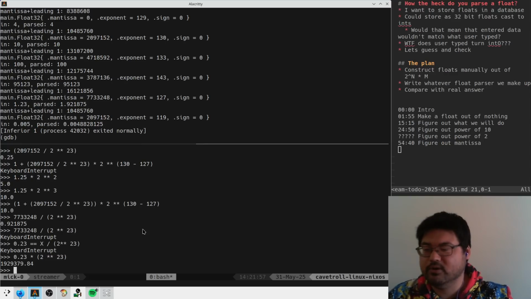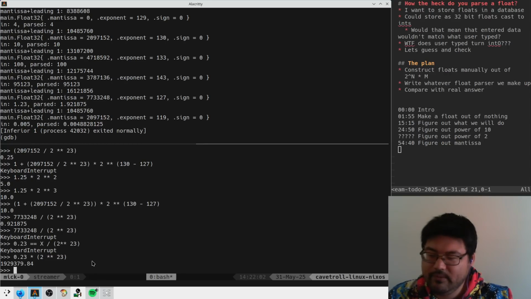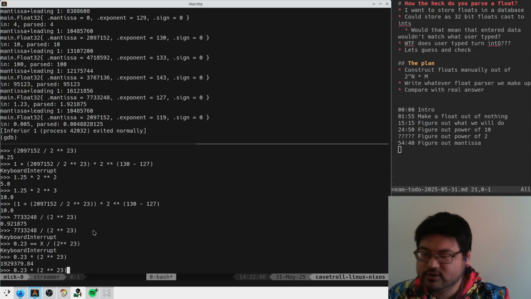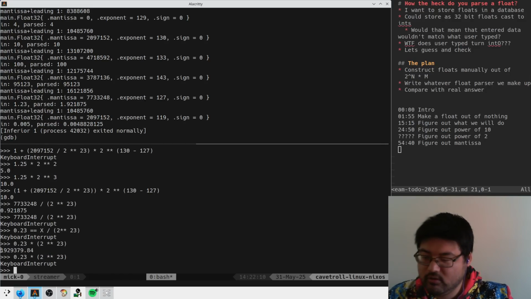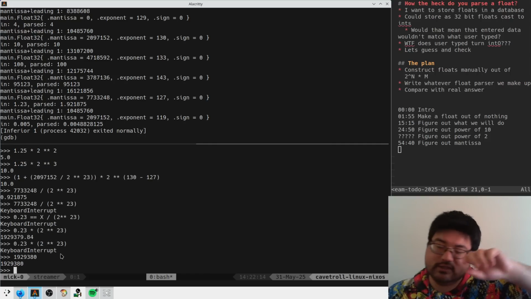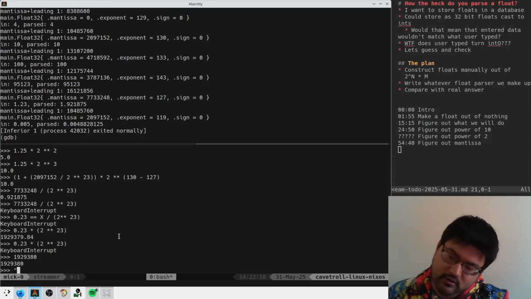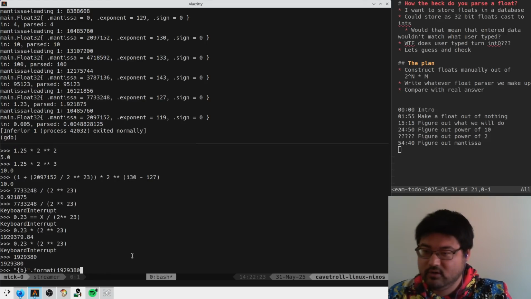This is the number we're supposed to have. Right? Ish. Probably rounded, right? So we're supposed to have like this. And does this look like this number in some way if we look at it in binary? Maybe. Who knows? Let's see.